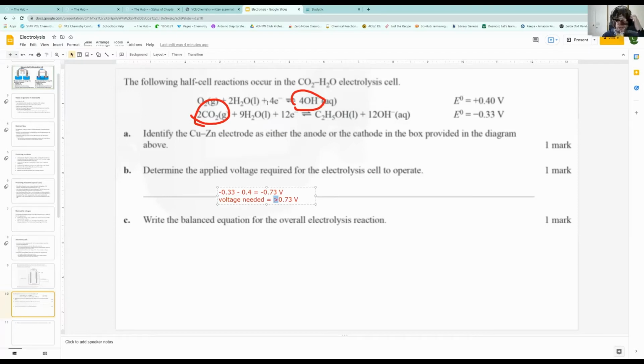So it doesn't matter how many electrons here, because if this produces 1 mole of electrons, let's say this reaction produces 1 coulomb of electrons, that coulomb will have 0.4 joules. If it produces 2 coulombs of electrons, each one will still have 0.4 joules.